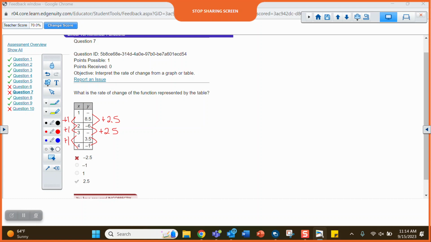Remember, the smaller the digit is in the negatives, actually the bigger it is, so we're getting closer to 0. -3.5 to -1 is also a positive 2.5. And so when you're looking at rate of change, you're just taking that y value and putting it over that x value. So 2.5 over 1 is just 2.5.